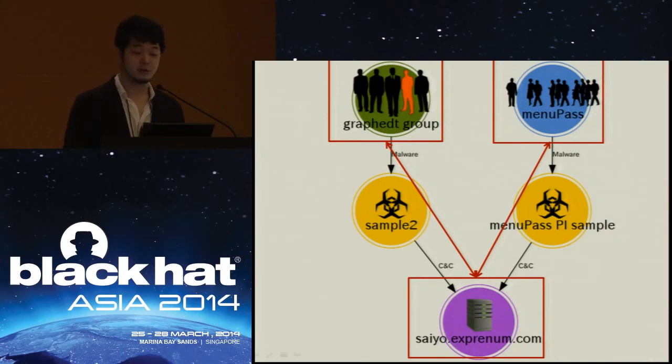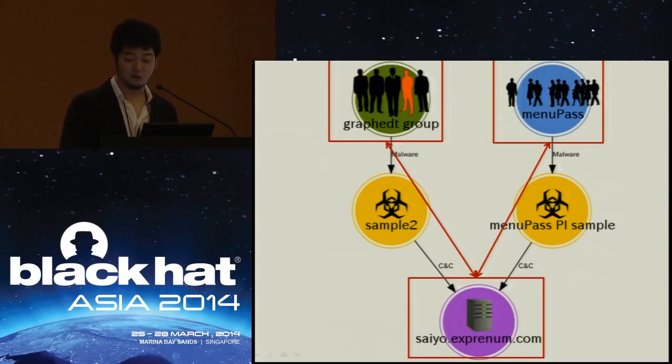And MenuPass is also my motivation, not for Haruyama, only for me. Because MenuPass often uses the poison ivy password Suzuki, according to FireEye, and my name is also Suzuki. My boss and colleagues say, hey, are you a MenuPass?